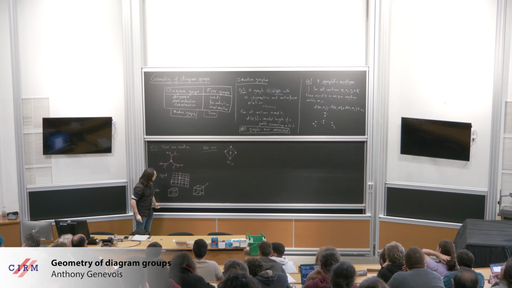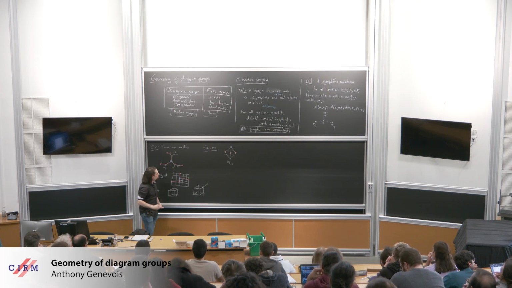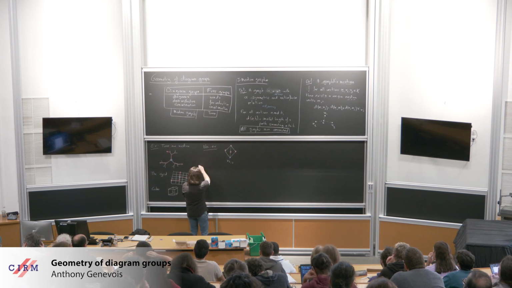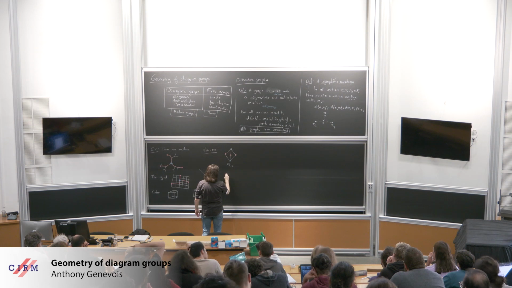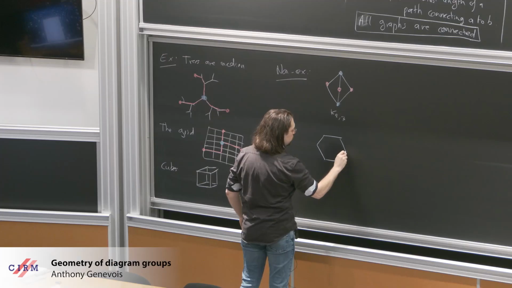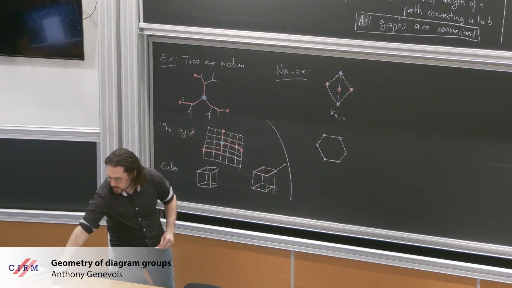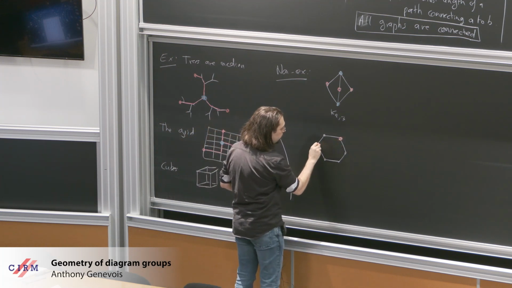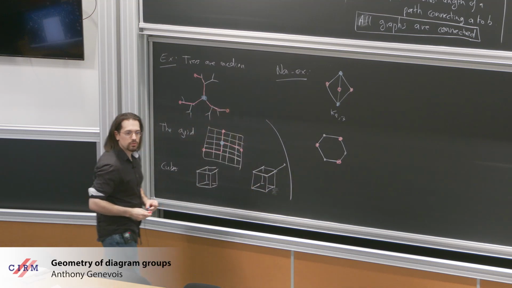So okay. The cycle. The cycle is not an example. In the list of non-examples, if you take, let's say, for instance, a hexagon, then what is the median point of, say, this one, and this one? There is no median point.